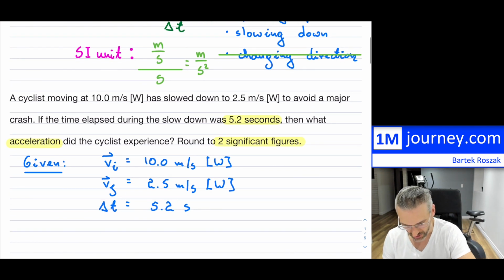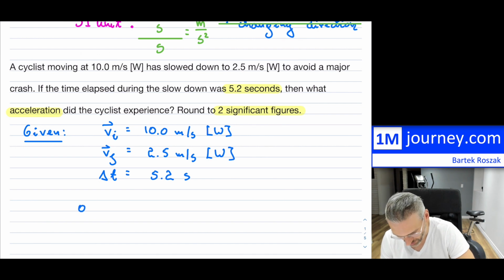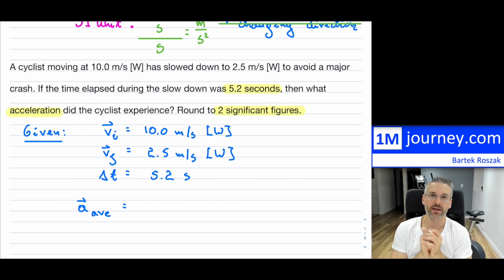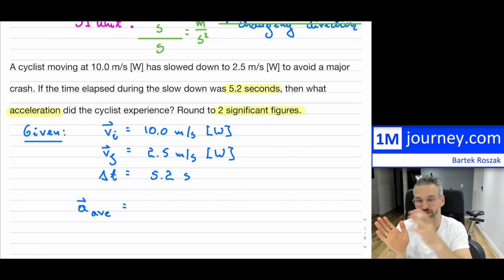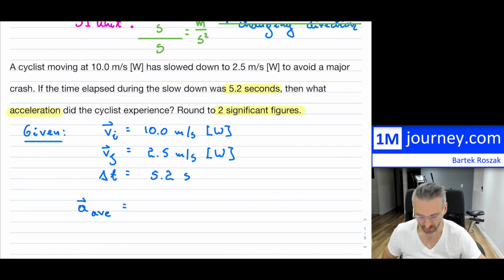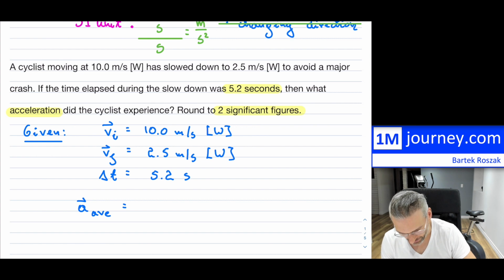Now our acceleration, which is a vector, we are taking an average because we're taking it between two particular points in time, between your initial and your final. During that time, what's the average change in velocity?